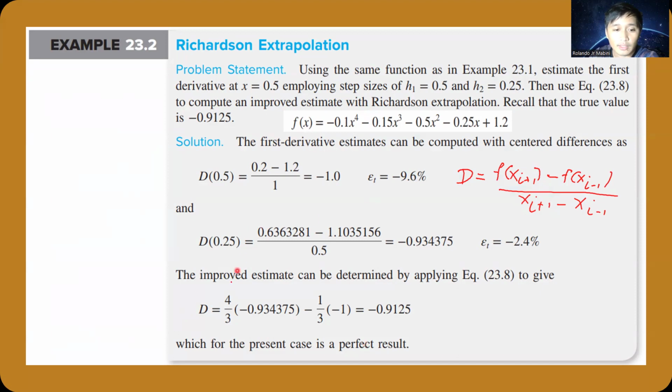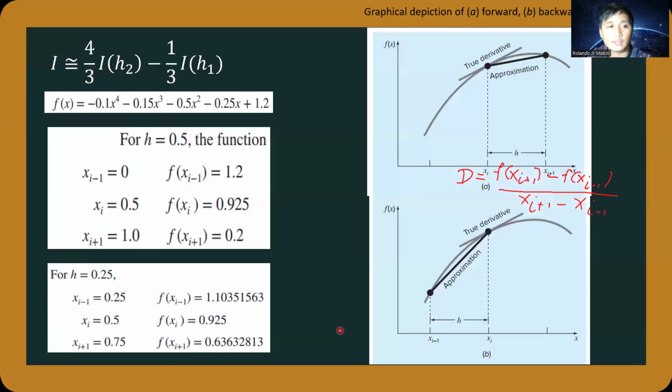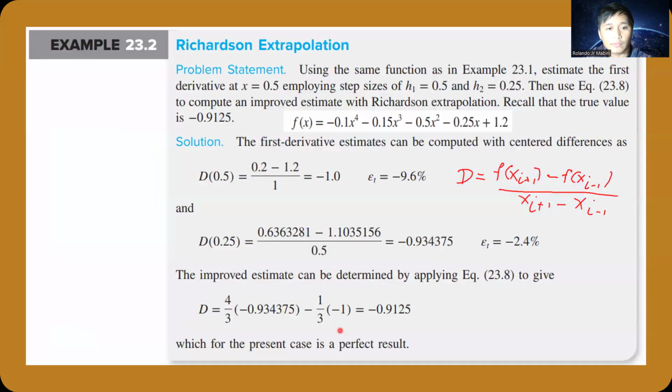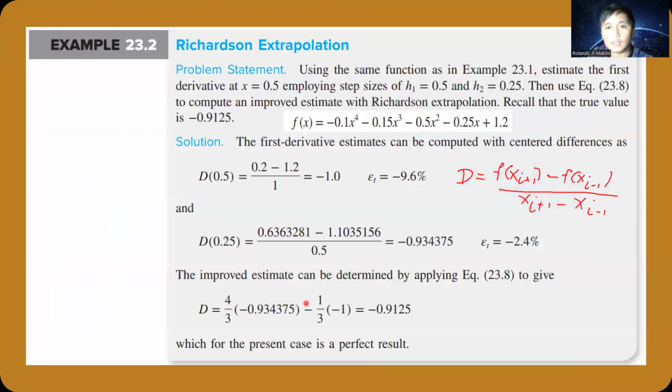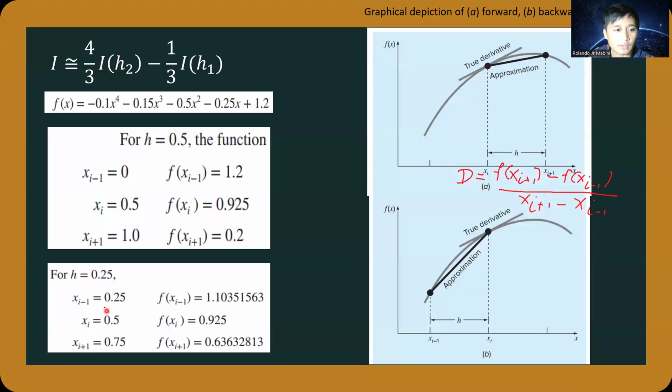So that is why the I is replaced with D. So anyway, same equation here. The I of h sub 2 is replaced by D of h sub 2, where h sub 2 is 0.25, this one.